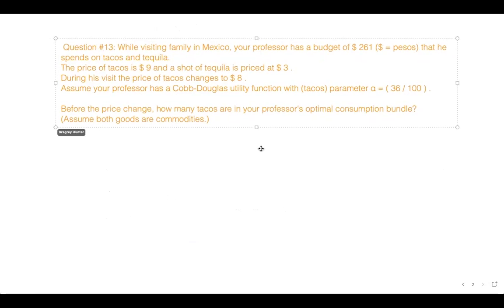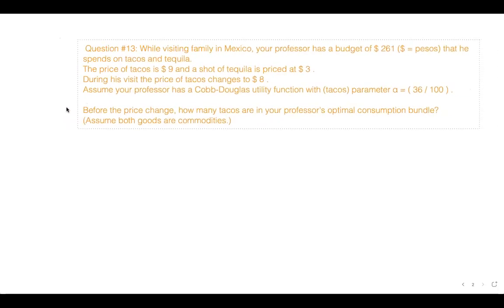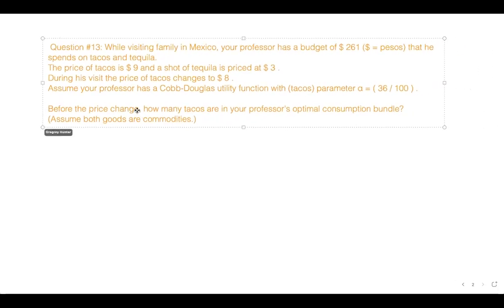It's not the exact same question, but this says before the price change, right? So I'll let you all work on this one, and then we'll come back in a few minutes.